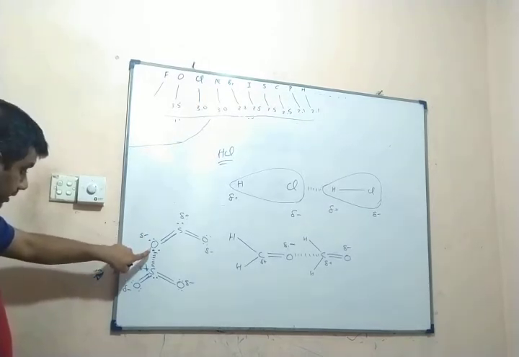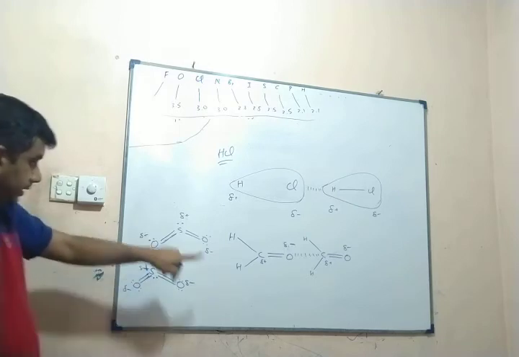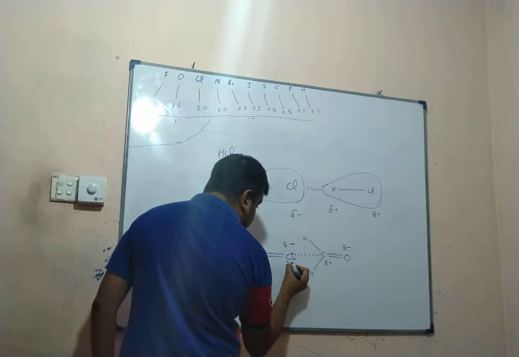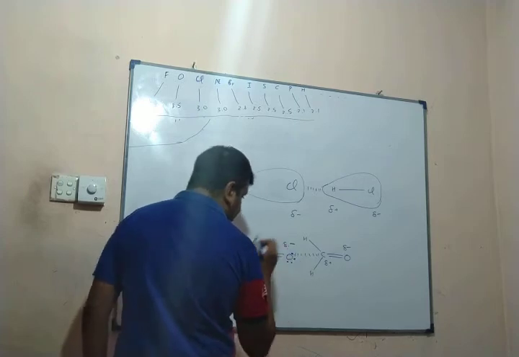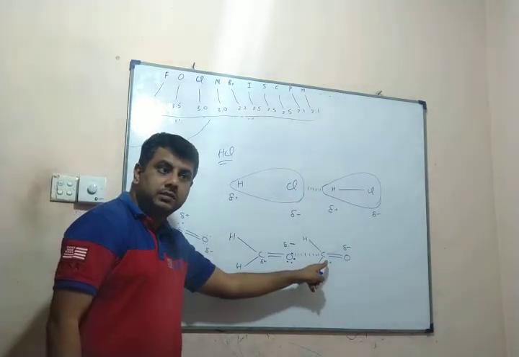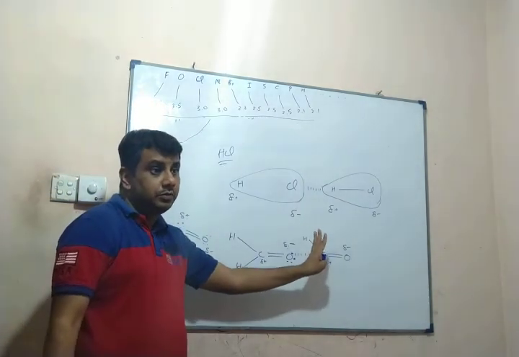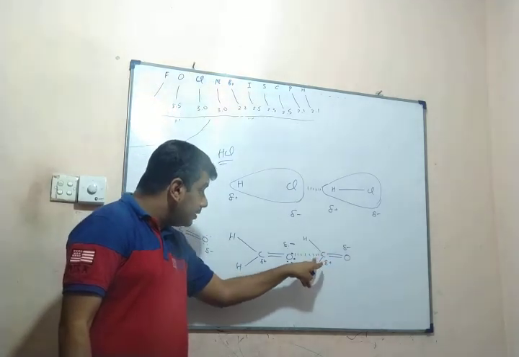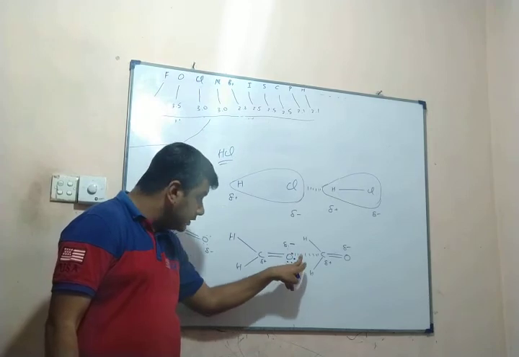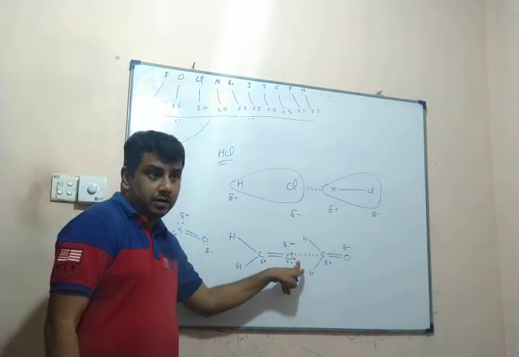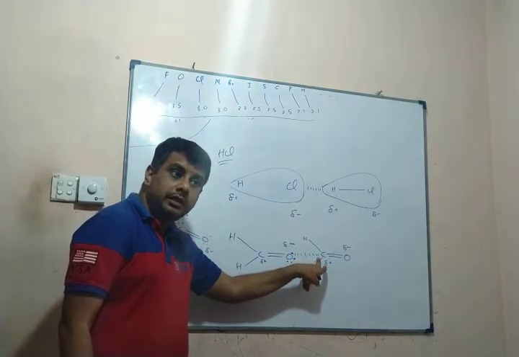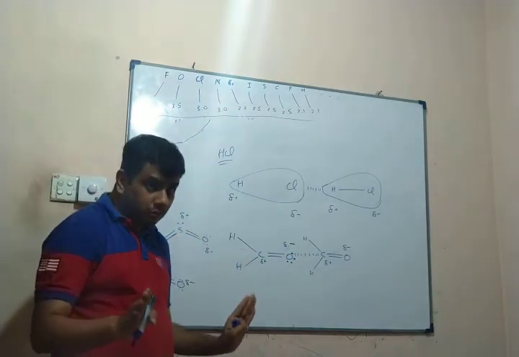I'll tell you why. The dipole attraction should always start from a lone pair of delta minus, and here there will be no lone pair.